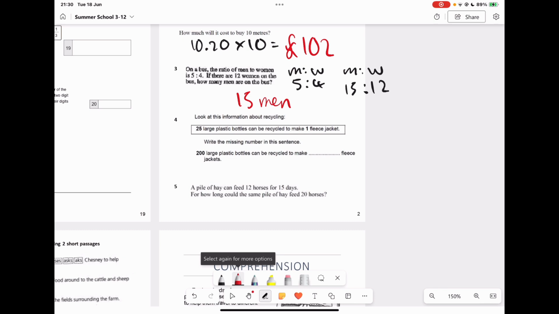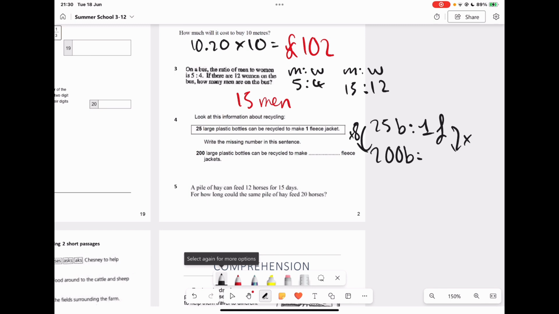Okay, and then 25 large plastic bottles can be recycled to make one fleece jacket, so we can write that down. One fleece jacket. And then 200 bottles, well, we know that 25 multiplied by 8 is equal to 200, so then we do the same to our one fleece jacket, and it's 8 fleece jackets.